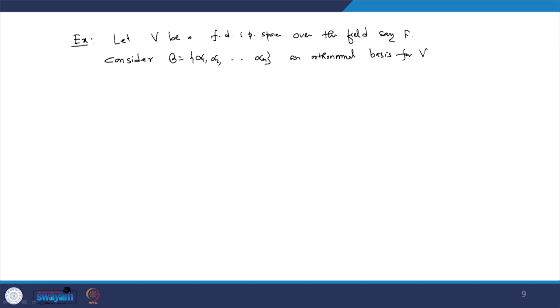So, I have taken B as an orthonormal basis for V. Let alpha and beta belong to V, two elements.